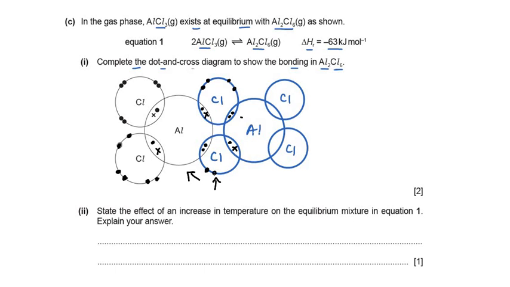So this chlorine at the center has 7 electrons as you have already seen, and the remaining part is the replica of the already drawn chlorine atoms in the question itself. So here are these 7 dots and 1 more cross from the aluminium side.